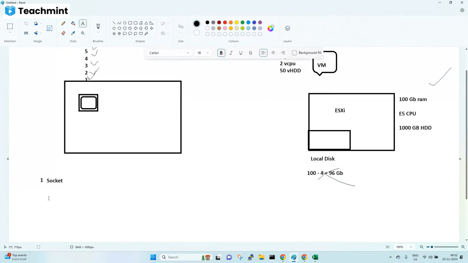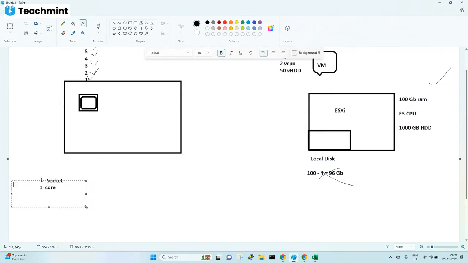And this processor, earlier they used to call, had only one core. One core means one processor. Socket means the location where we insert the chip. That chip is one core. One chip means one processor is equal to one core.